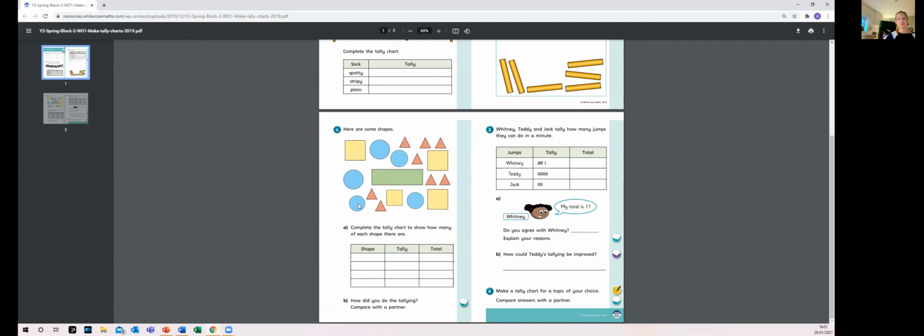So maybe you'll start with the blue circles, so you will write circles. Then you'll do the tally, and you can cross them off as you tally them and put the tally in the tally column. And then you can count out how many altogether and write the numeral in the total column. Then you could do the triangles, the squares, and I can see a rectangle as well. So pause me now and have a go at question 4. Then unpause me so we can do our last bit of the PowerPoint together.